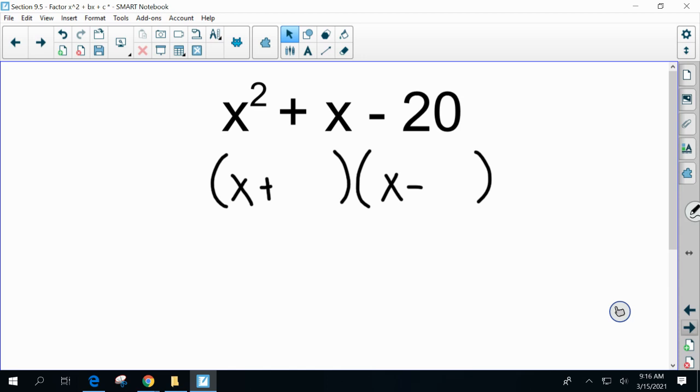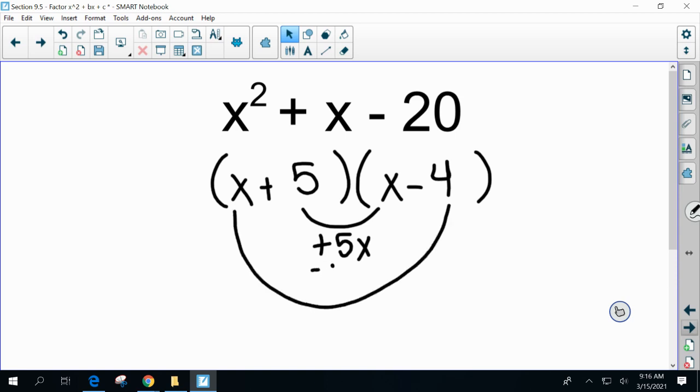Now, I'm trying to get a positive number in the middle, so my biggest number should be positive. So I need a positive 5 and a negative 4. And then I'm gonna test this because I have different signs, so that would be a positive 5x, and then the outsides would multiply to be a negative 4x, which would give me a positive 1x, which is what I have in the middle.